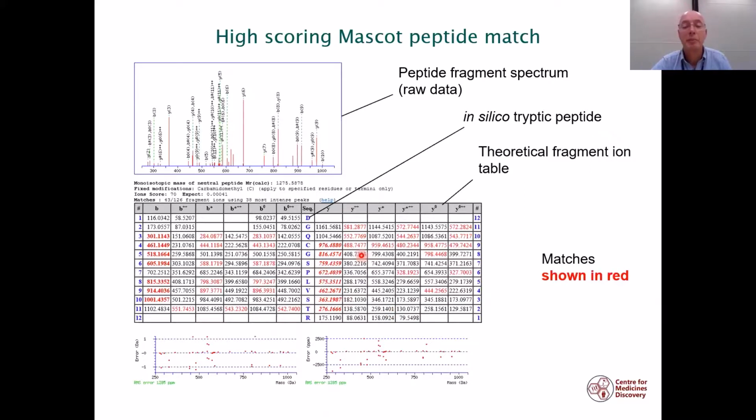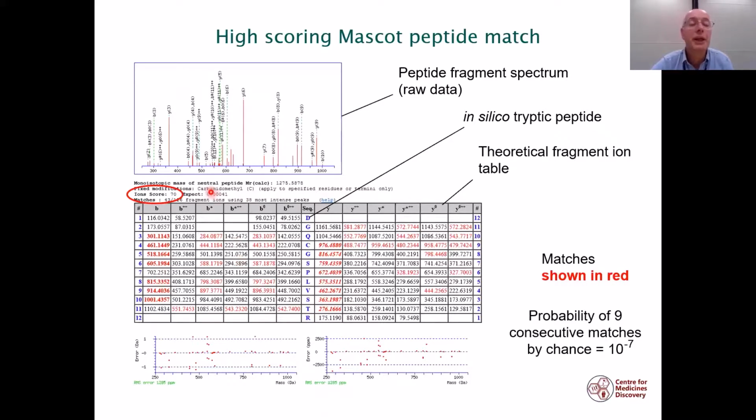Some of them are in black, some of them are in red. The ones that are labeled in red, Mascot has matched to the raw data. Okay, so this B ion series here is present in the spectrum, and this Y ion series here is also present in the spectrum.